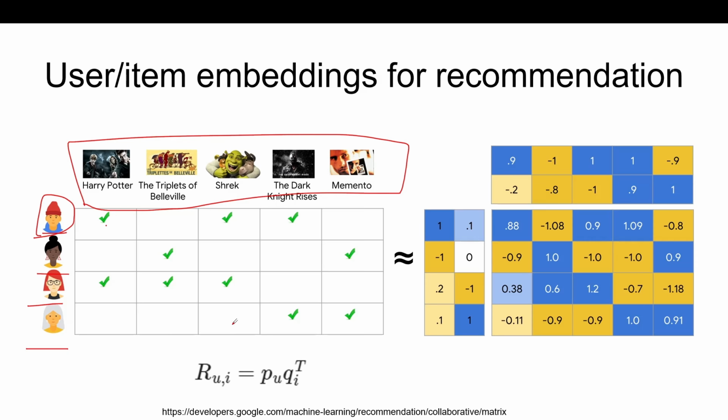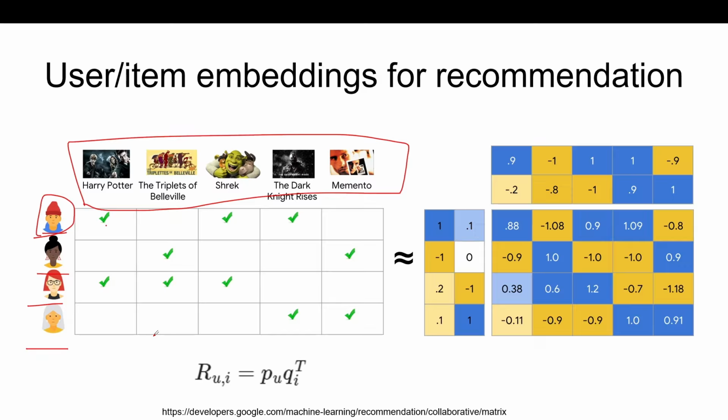To predict the recommendation score for a new user on a new item, we can also use the idea of embeddings. The idea is as follows. We want to have two sets of embeddings. One set of embeddings is for users.